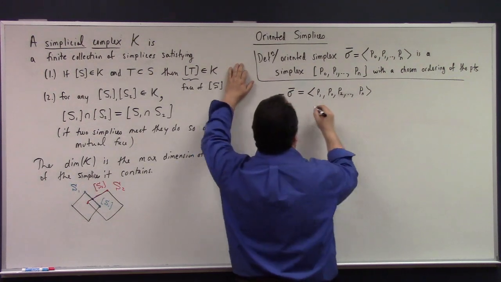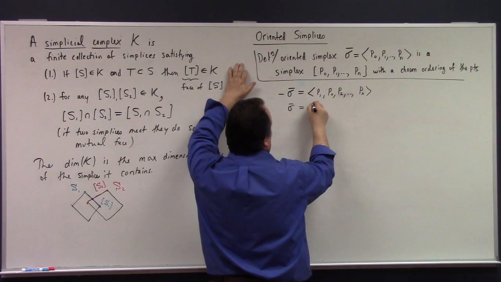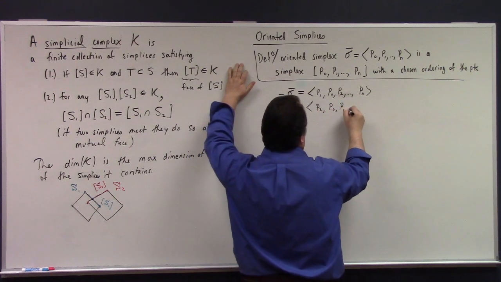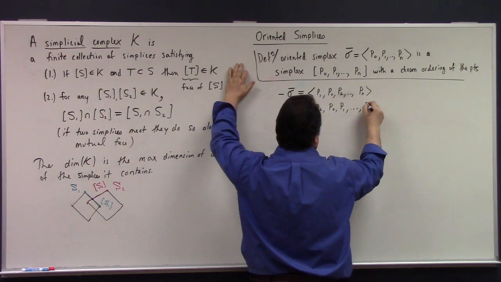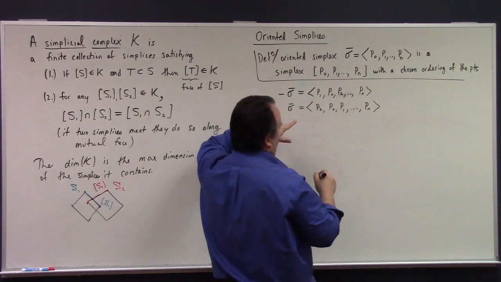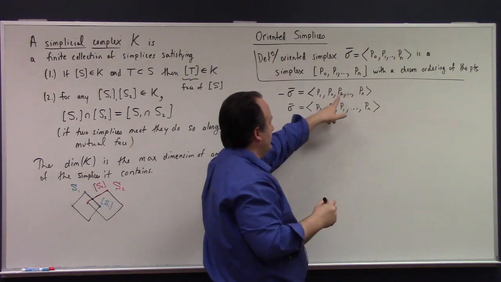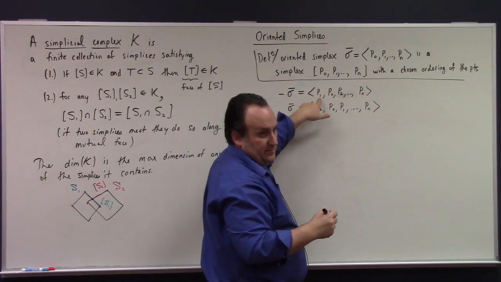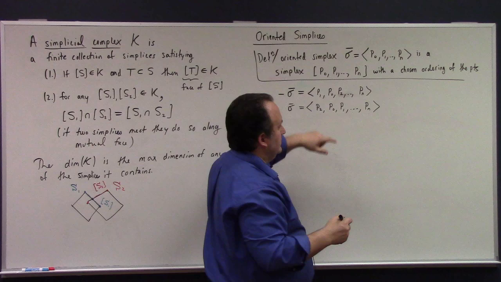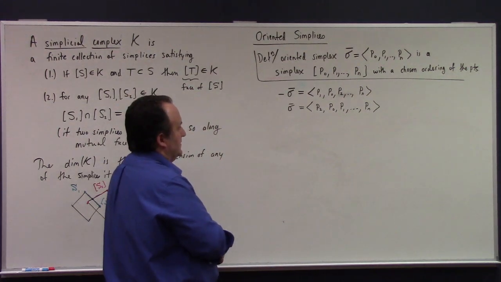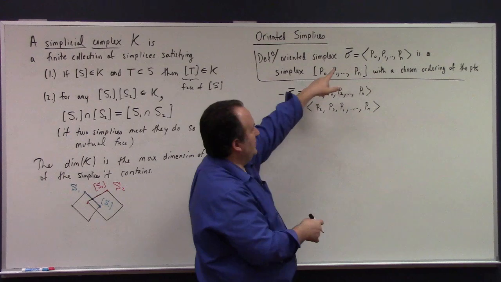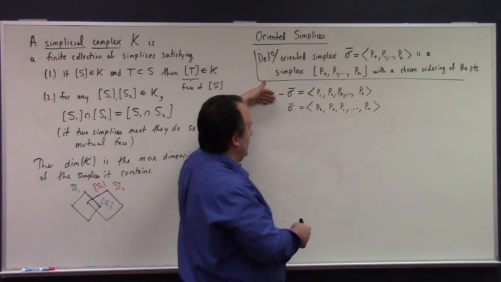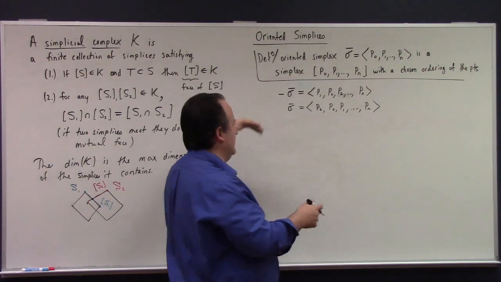On the other hand, sigma bar, again, you could do P2, P0, P1, ..., Pn, because all I did here was move two transpositions over, right? So sigma bar is one orientation for the simplex, and the opposite orientation we denote by minus, right? So let's see here, some examples.